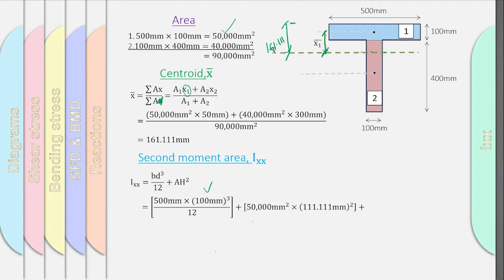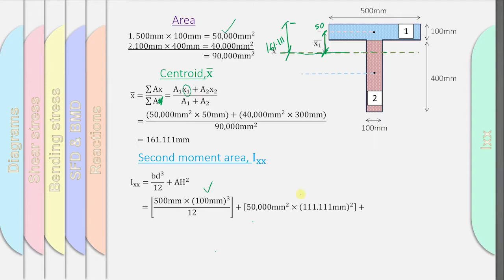We know that from top to the centroid ni adalah 161.11. And then we know that half of this height of area number 1 adalah 50. So atas ni 50 kan?